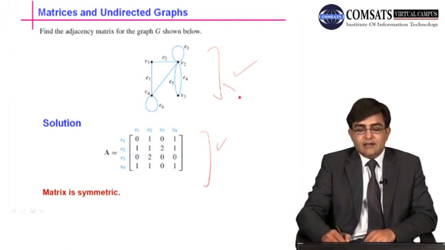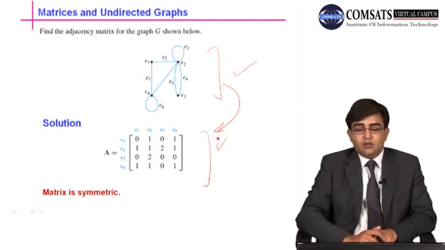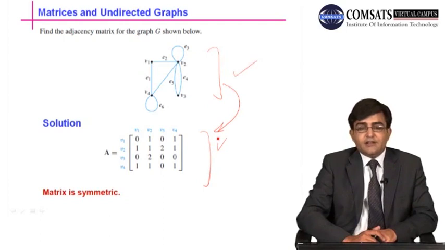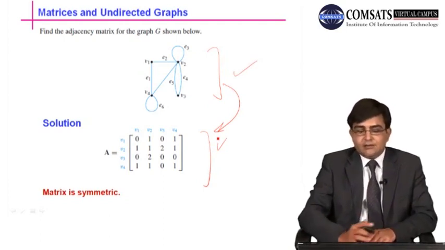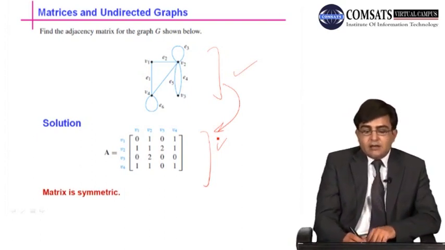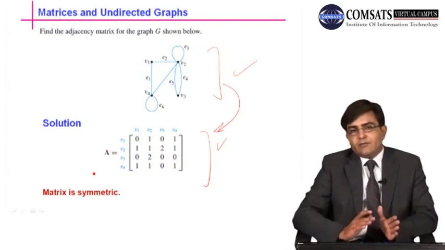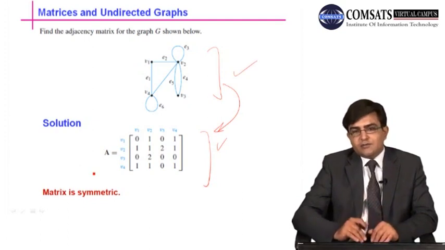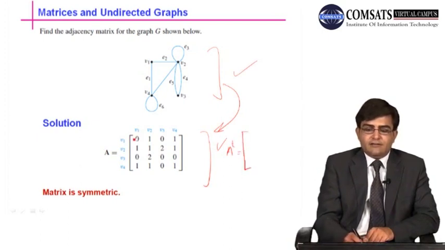of this undirected graph. This matrix is symmetric. How? You have studied in FSC or FA, in 11th class, first year, that if we take the transpose of a matrix, that is if we change the rows into columns and columns into rows, that is if we take the transpose of this matrix, what is the first row?